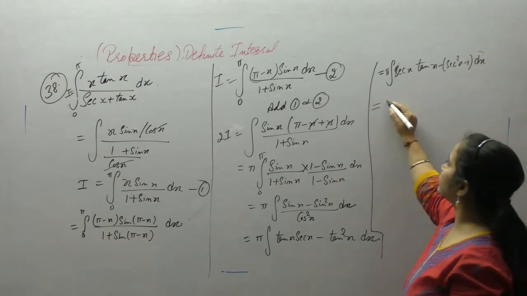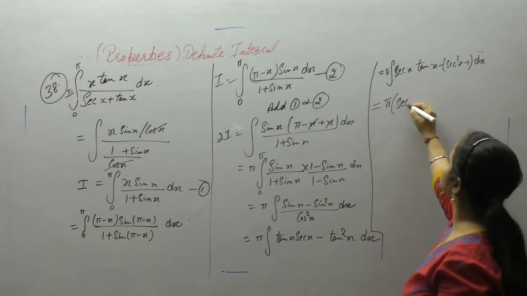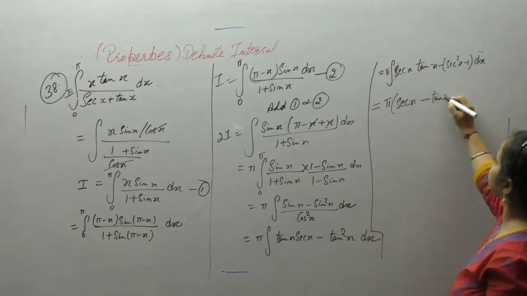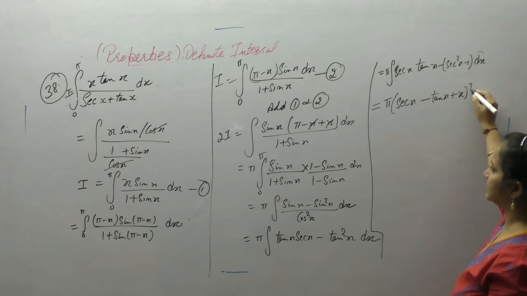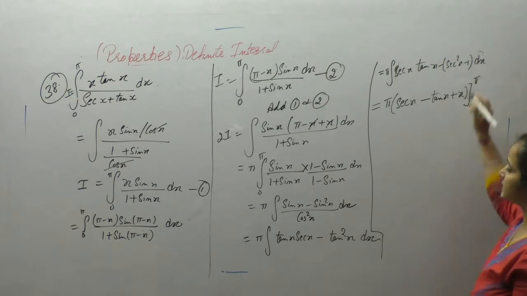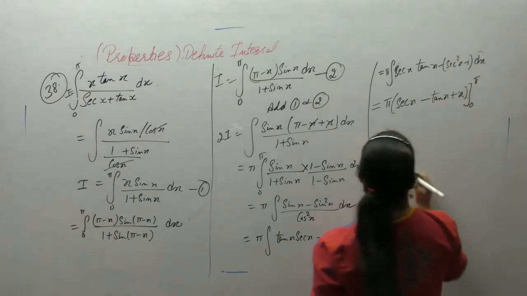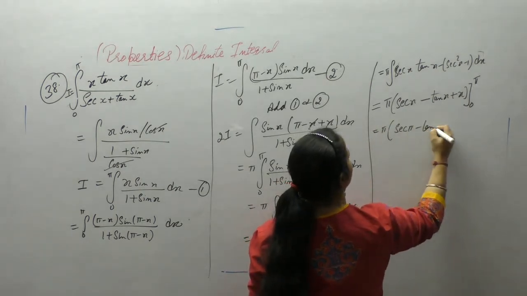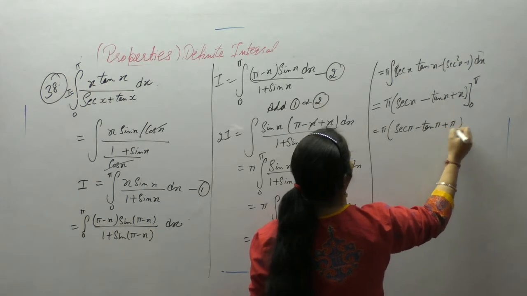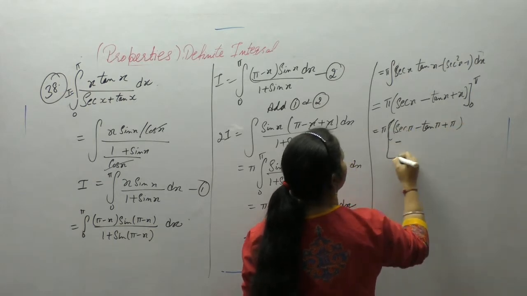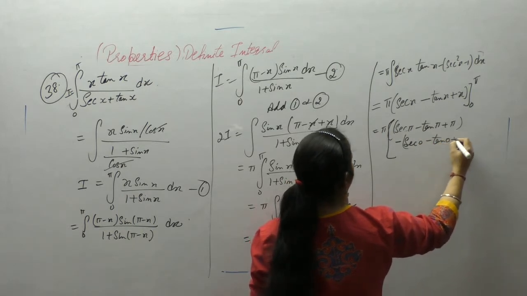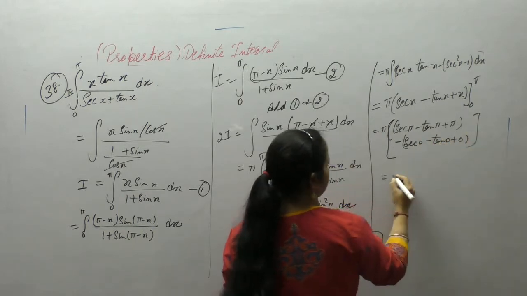Now integral of sec x tan x is sec x. Integral of sec square x is tan x. And integral of 1 is x. Limit is 0 to pi. Sec pi minus tan pi plus pi, minus lower limit sec 0 minus tan 0 plus 0.